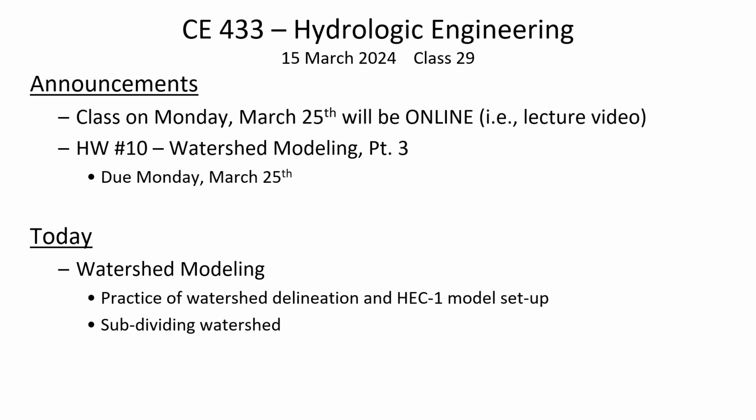So if your prior guide doesn't have a good outline on determining the curve number, you might include that for this HEC-1 guide. But for those of you who had a good guide up to and including creating a curve number, then this next guide could just start at, once you've got a delineated watershed with a curve number, what are the steps that you follow to initiate and start filling in the HEC-1 model?